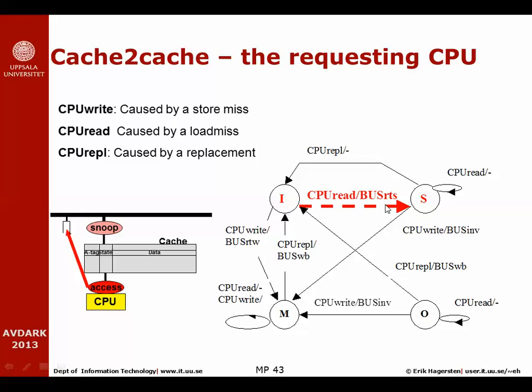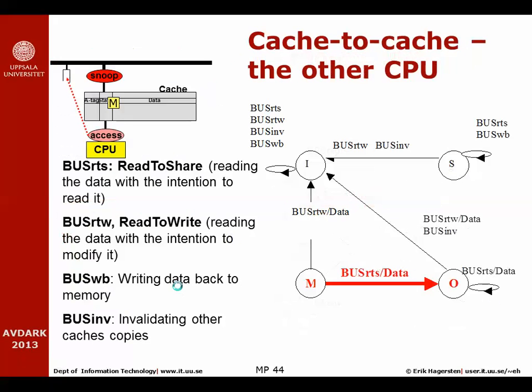Looking at what's going to happen in our state transition table, now looking at the state transition that the left cache will do, starting off in state invalid. It sees a CPU read request. It sends out the bus read to share request. That's what it will do. Load invalid implies bus read to share request and change the state to shared. And the other caches will see that bus read to share request.